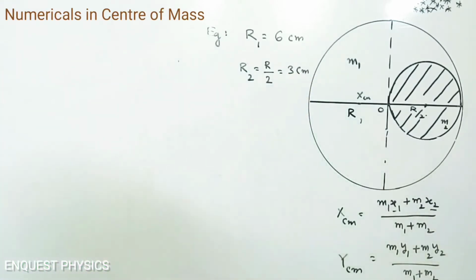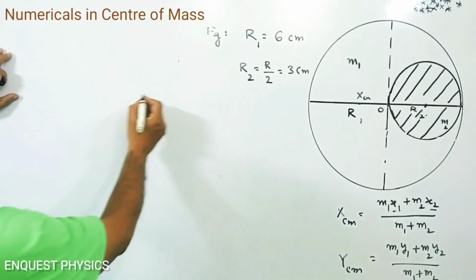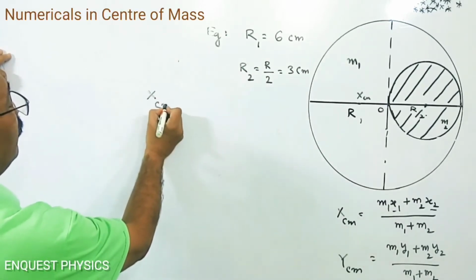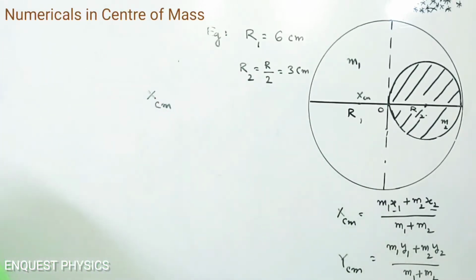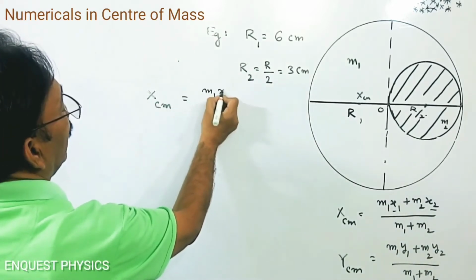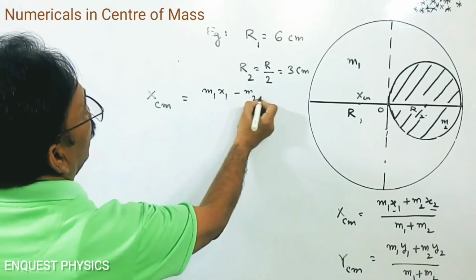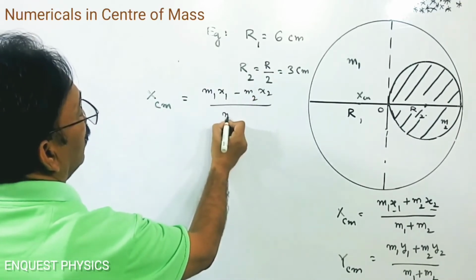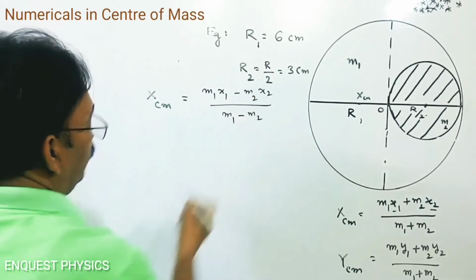Okay, we have to find out the center of mass, students. Say this, xcm can be written as (m1 x1 minus m2 x2) upon (m1 minus m2).